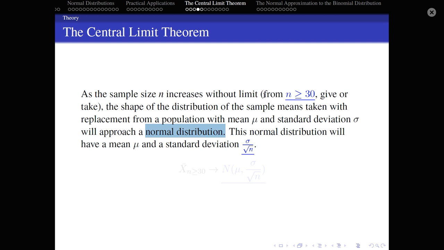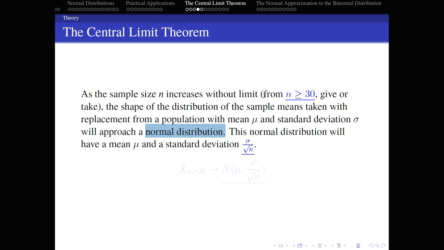Now, this is a huge, huge piece in statistics, so let me say this one more time. If the raw data is some utterly bizarre distribution, just think about drawing a huge squiggle that doesn't look at all like a bell shape, but we took 30 people from that distribution and calculated their mean, and then another 30 and calculated their mean, and then another 30, and then we plotted those means, we made a distribution of those means, no matter what the original raw data distribution was, they are going to have a normal distribution.